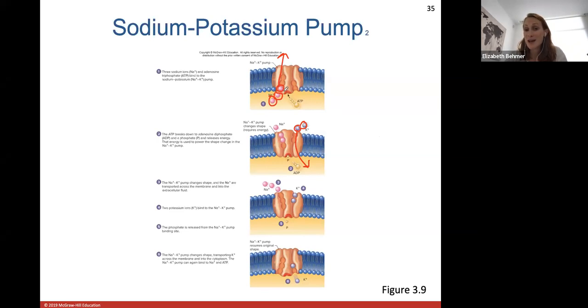It's moving these ions against their concentration gradient, and the result will be to establish a greater concentration of sodium ions outside the cell, above the cell membrane, and a greater concentration of potassium ions in the cell. And again, that's super important for our nervous system to function well.